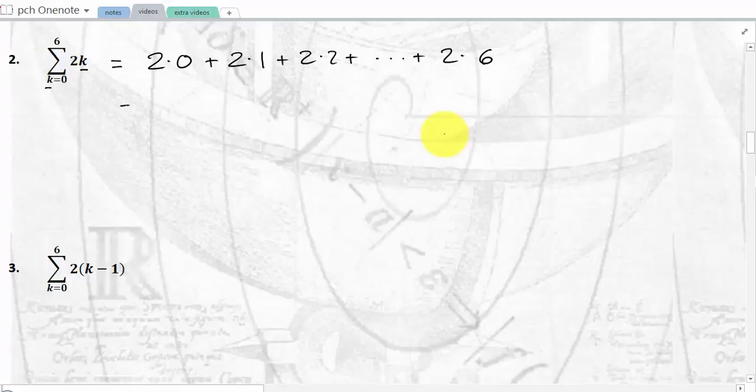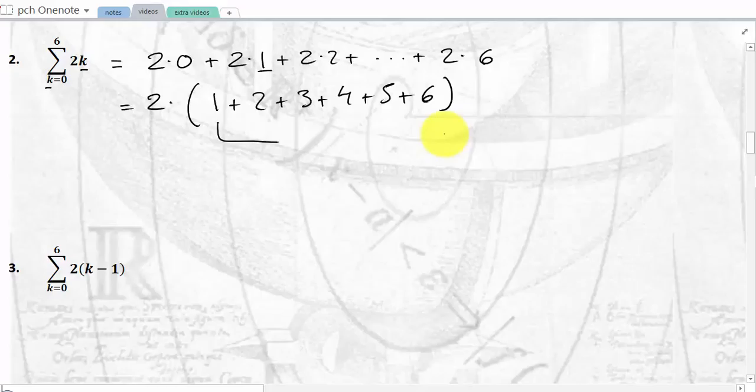So basically we can factor 2 out, and it's 2 times, we're not going to write 0, so we start with 1 plus 2 plus 3 plus 4 plus 5 plus 6. That's it. 1 and 6, 7, 2 and 5, 7, 3 and 4, 7. So 21 times 2, 42. Here we go. Pretty nifty, huh?